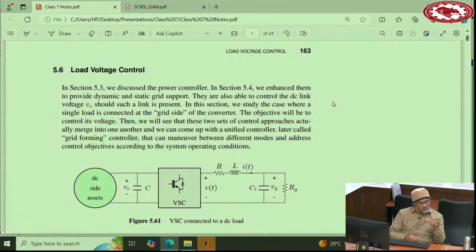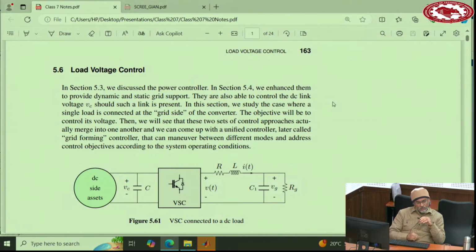So terminology is not very accurate, so I cannot say what is the difference between grid following and grid supporting, but the concept is clear. The assumption is there is a grid that supplies a voltage, and now you are feeding power to that grid, either without support or with some support.